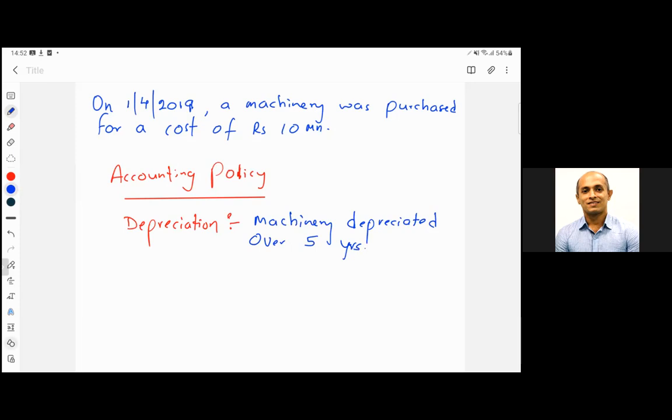Machinery depreciated over 5 years. Right. So you can find this from the accounts.